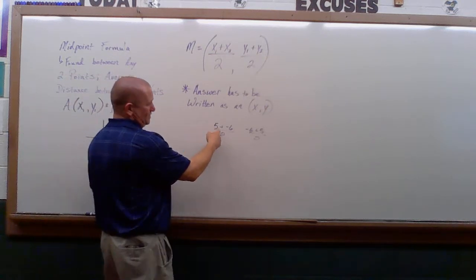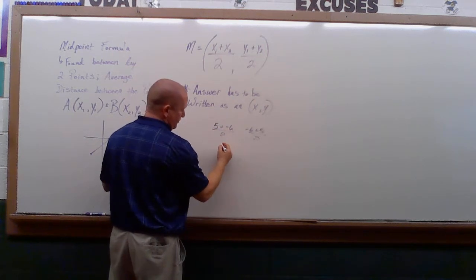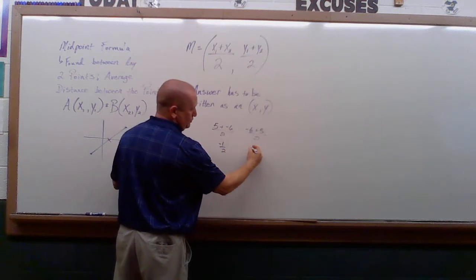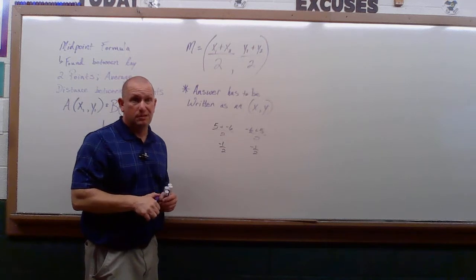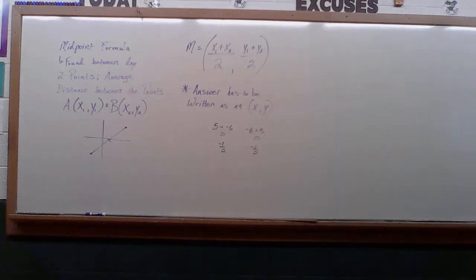Right? 5 plus negative 6 is how much? Negative 1, divided by 2 is negative 1/2. And if I did it over here, negative 6 plus 5 divided by 2 is? So does it matter which order I do it in? No. So realistically, the only time the order really matters is when? Which formula?